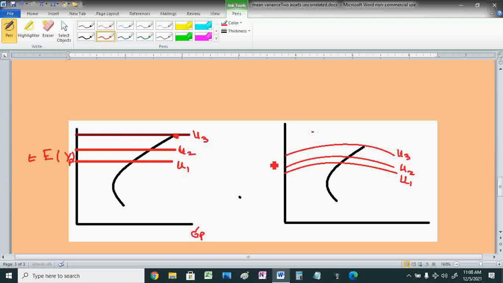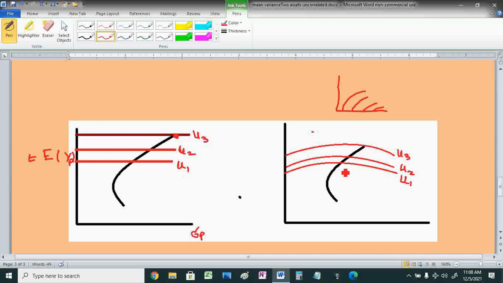And this is the case for the risk lover. We keep in mind that risk lover indifference curves could not be drawn in this fashion, because if you do that, you are saying that return is bad and risk is good, but this is actually not the case with the risk lover person.